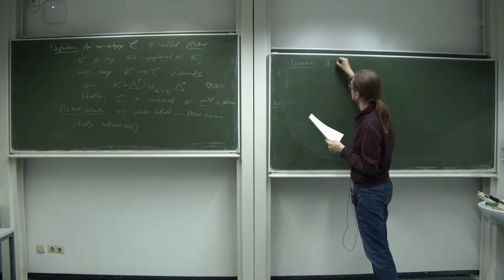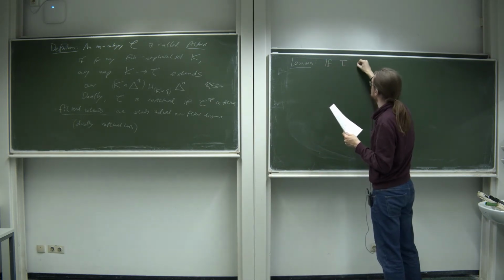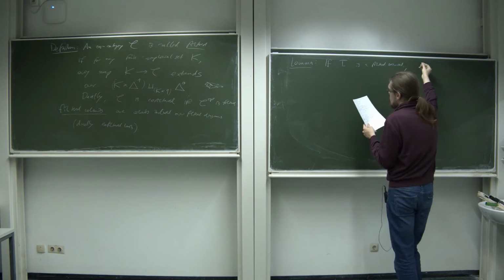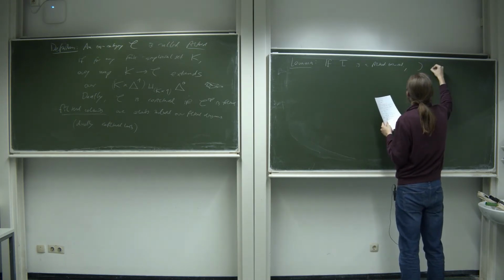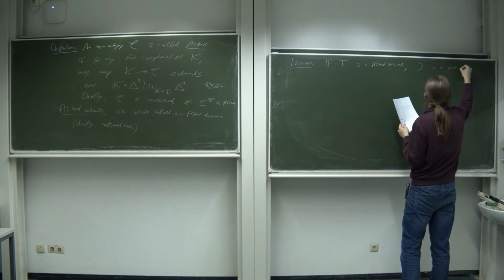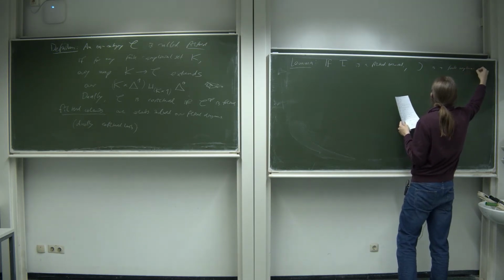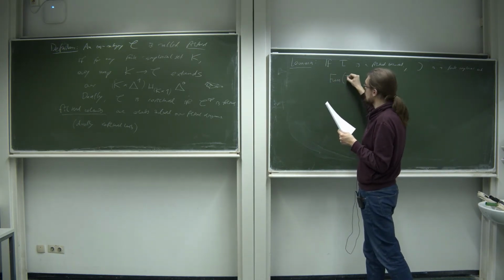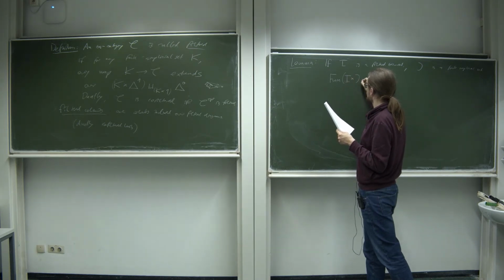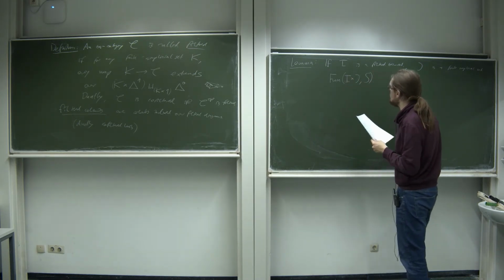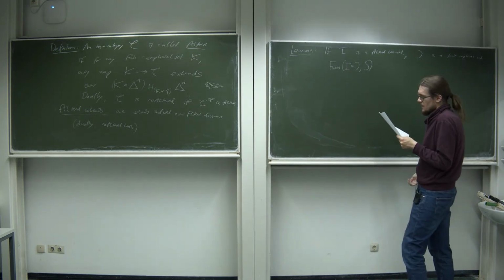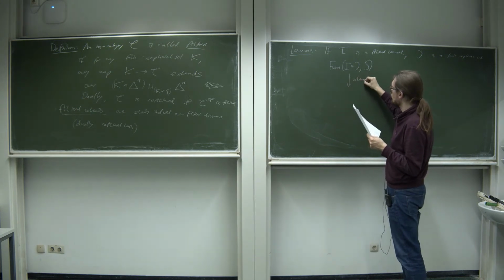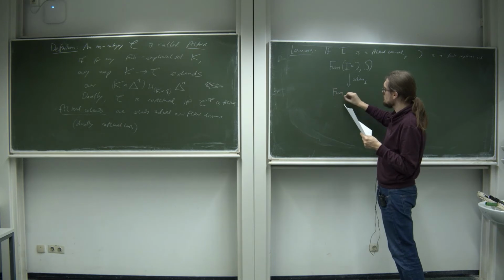If I is a filtered infinity category and J is a finite simplicial set, and we have the following diagram, if we start with a functor from I cross J to S, where S is the infinity category of spaces, then we can first take the colimit in the I direction.